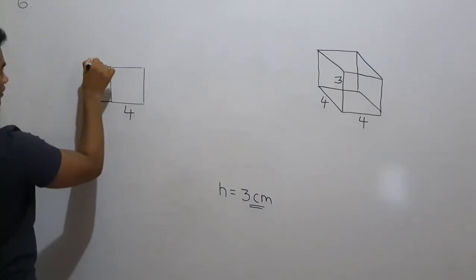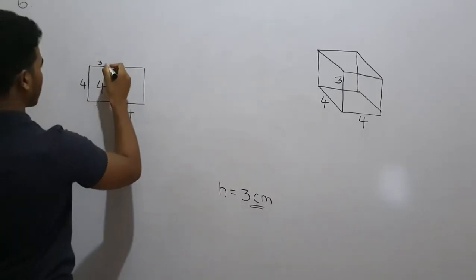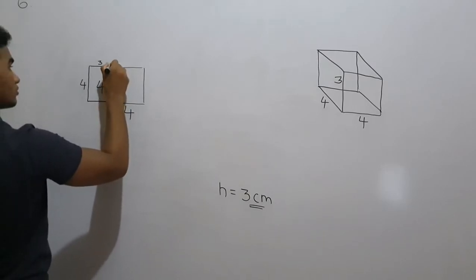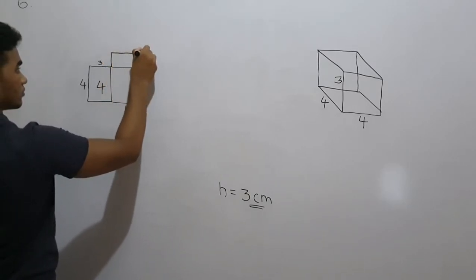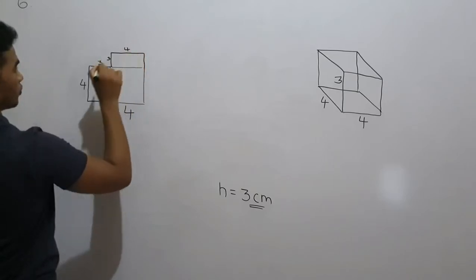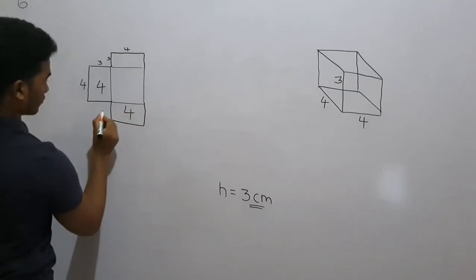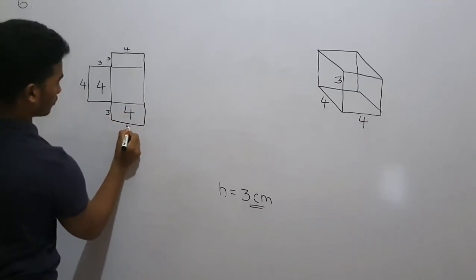You can draw it like this, 3 centimeters and this 4. This is 3, this is 4, this is 3 and this is 4.